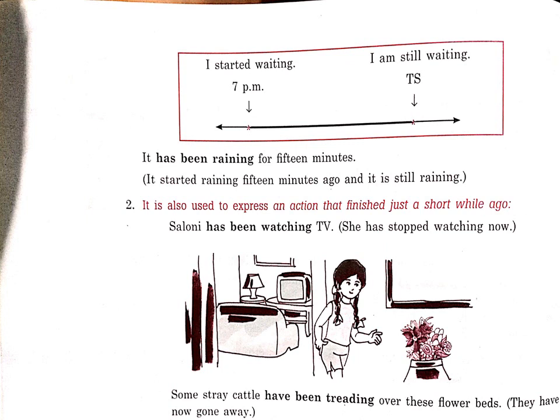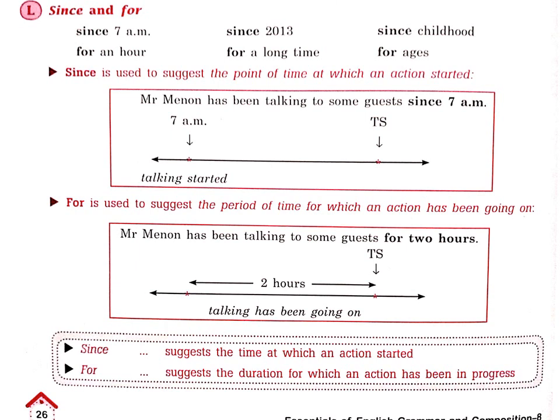The action is just over, a few moments ago. Now you see since and for: since 7 a.m., since 2013, since childhood, and for an hour, for a long time, for ages. Since is used to suggest the point of time at which an action started.